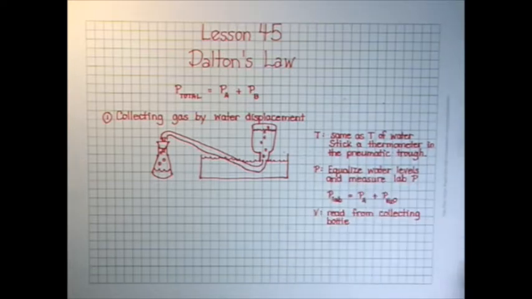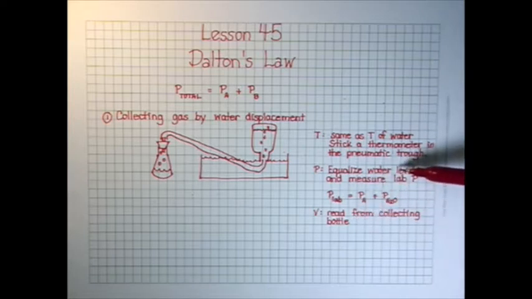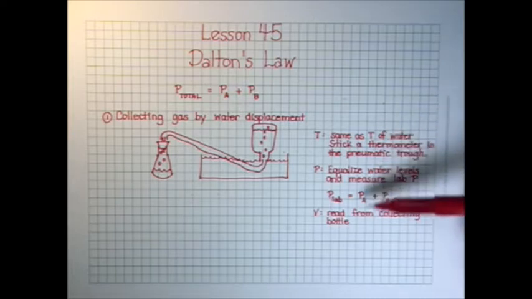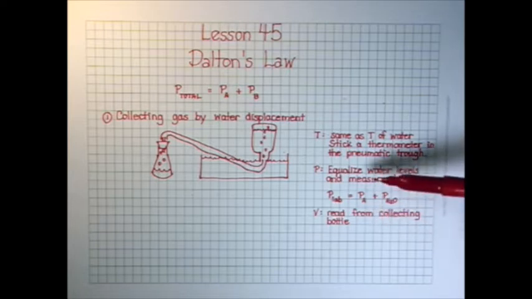Now, the order that you do these things in is going to make a difference. If you tried to read the volume before you have equalized the water levels, when you equalize the water levels, that's going to change the volume. Oops. You're going to have to be sure that you equalize those water levels before you try to read the volume. That really, really makes a difference.